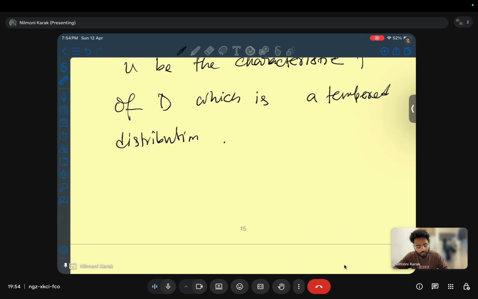And what is the distributional derivative?